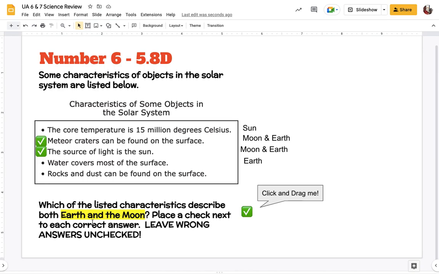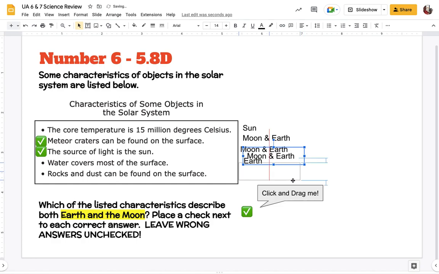And then last but not least, rocks and dust can be found on the surface. Can we find rocks and dust here on Earth? If you said yes, you are correct. Can we find rocks and dust also on the moon? That would be correct. So yes, that one is both the Earth and the moon. So I'm going to go ahead and put my labels next to them.